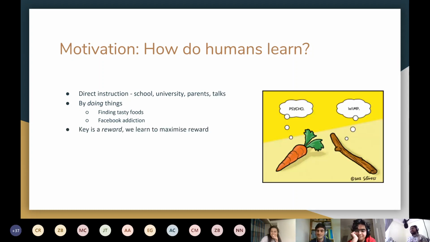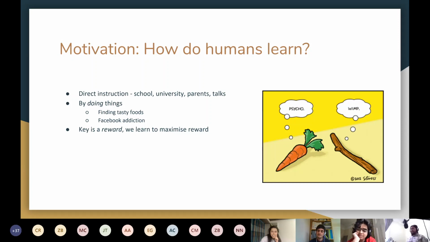So we can abstract that out. We do actions, and we get rewards for those actions. Or we get punishments, like the proverbial carrot and the stick. And humans are biologically programmed: when we get these rewards, like this pain and this pleasure, we tend to do more of the things that make us happy and fewer of the things that make us sad.